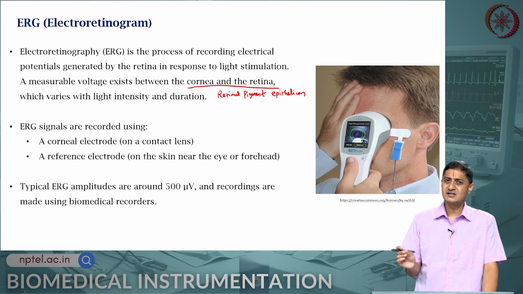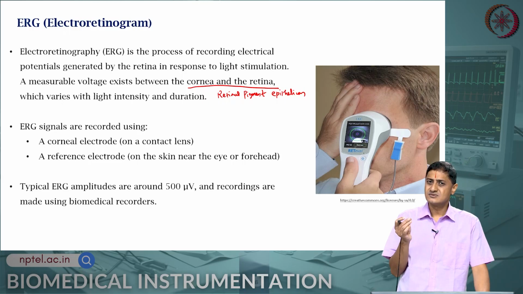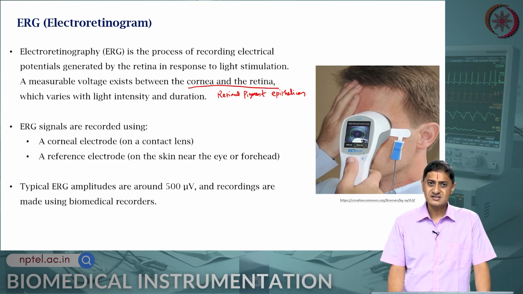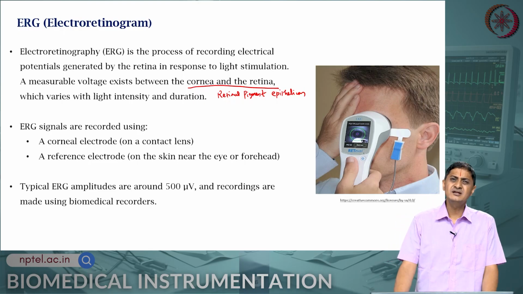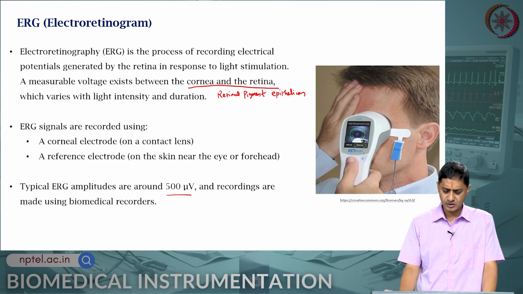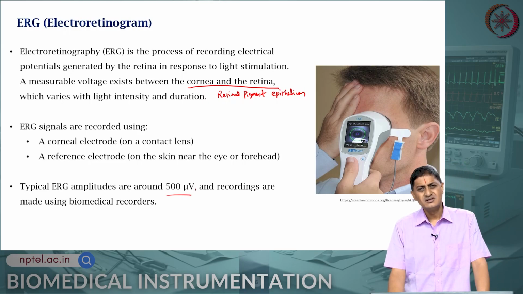So, there is a contact lens within which the electrode is placed, and then it is placed on the cornea, and a reference electrode is kept on the skin near the eye or the forehead. Typical amplitudes of ERG are around 500 microvolts, and recordings are made using typical biomedical amplifying analog front ends and recorders.